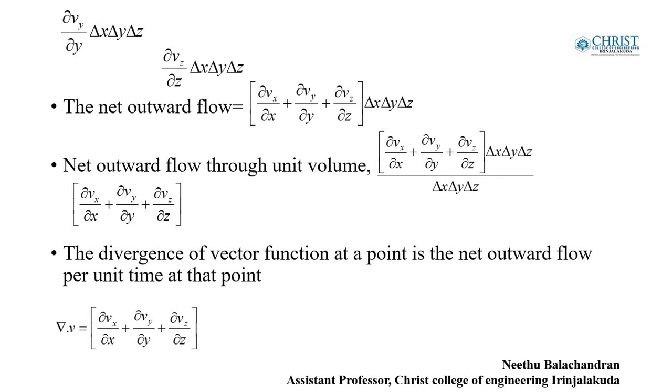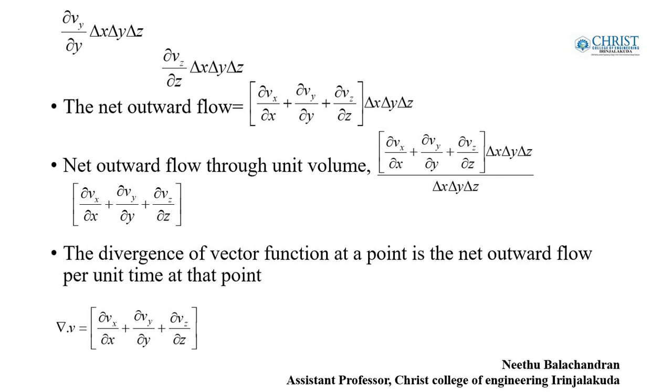To understand this, think about the picture. We have a parallelepiped, with a particular point P at the middle of it. To evaluate each component, first we took two faces along the x-axis. We calculated the inflow and the outflow velocity, then found the volume and calculated the net flow along the x-axis.